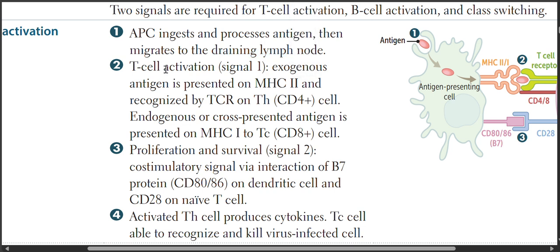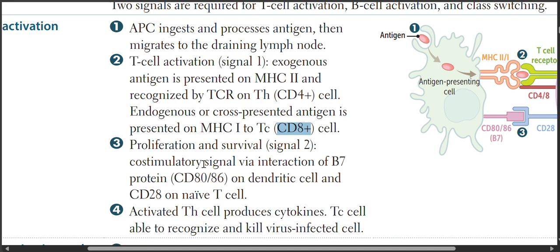Now, for activation signal 1, an exogenous antigen is presented on MHC2 and recognized by CD4. That is what we've been talking about so far. If it's an endogenous protein, then it's presented on MHC1, which activates CD8 cells.